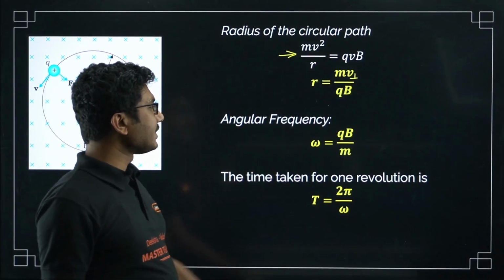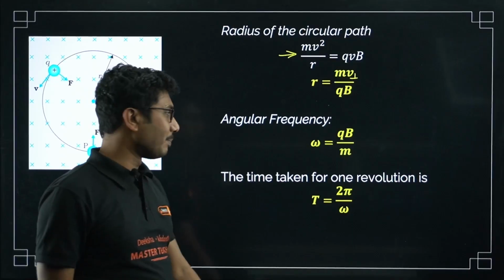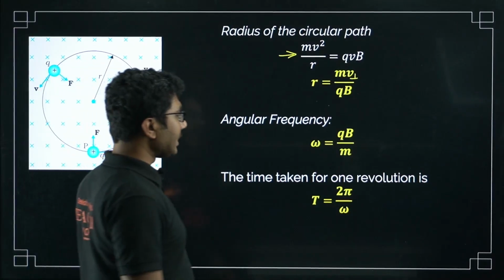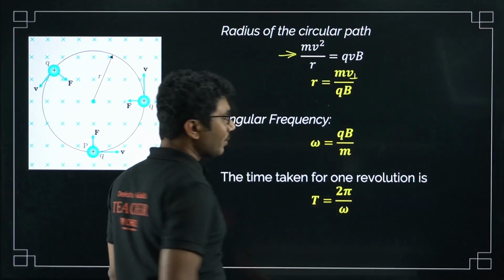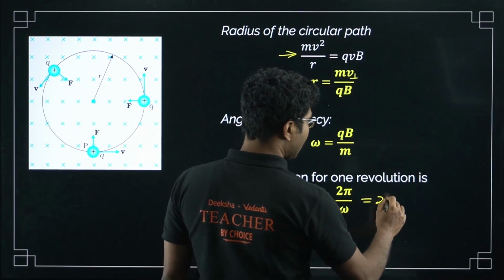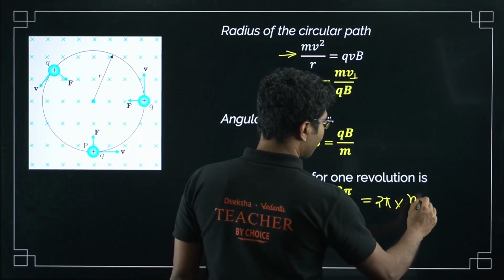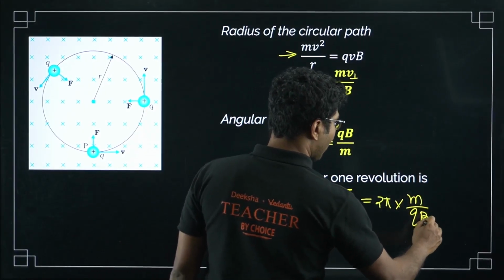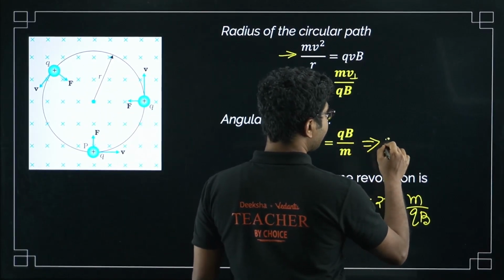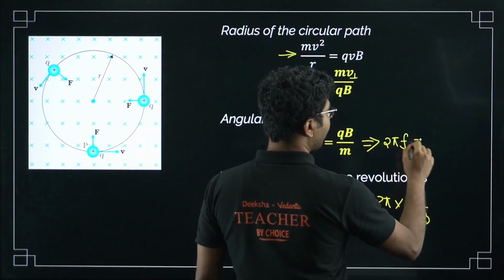Now angular frequency omega is qB by m. The time taken for one revolution, the time period, is 2 pi by omega. So if you know that, you can put the values as well. It will be 2 pi m by qB. You can even calculate the frequency, sometimes called the frequency of rotation.